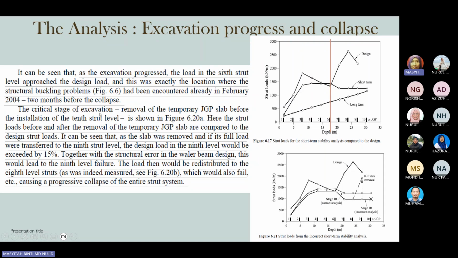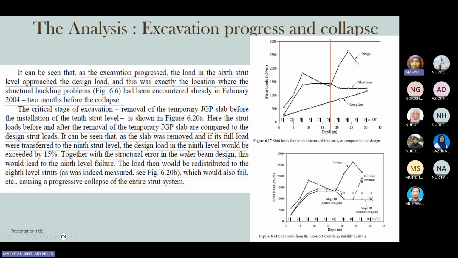The critical stage of excavation, removal of the temporary JGP slab before the installation of the 10th strut level, is shown in figure 6.20A. The strut slopes before and after the removal of the temporary JGP slab are compared to the design strut slopes. It can be seen that as the slab was removed, if the full load were transferred to the 9th strut level, the design load at the 9th level would be exceeded by 15%.